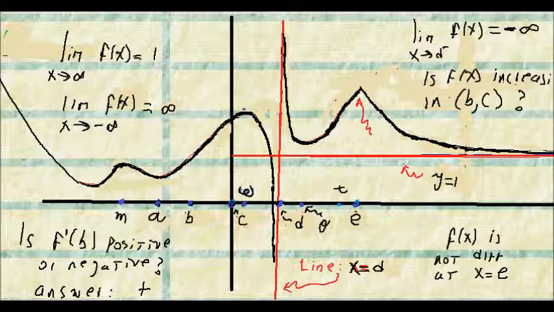Yes, it is increasing. In fact, you can easily determine by drawing tangent lines on the interval between b and c that all the derivatives are positive because the tangent lines point up. So it is increasing between b and c.